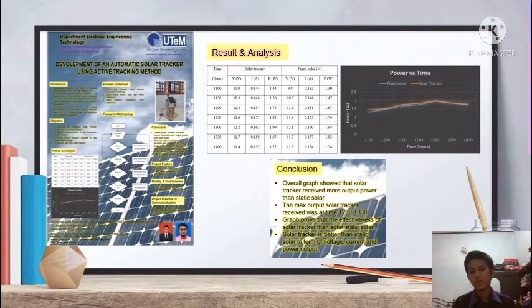So I have made the conclusion that the overall graph shows the solar tracker receives more output power than static solar, and the maximum output the solar tracker received was from 12:30 until 1:30. So the graph proves the effectiveness of the solar tracker, and it is better than static solar in terms of voltage, current, and power output.